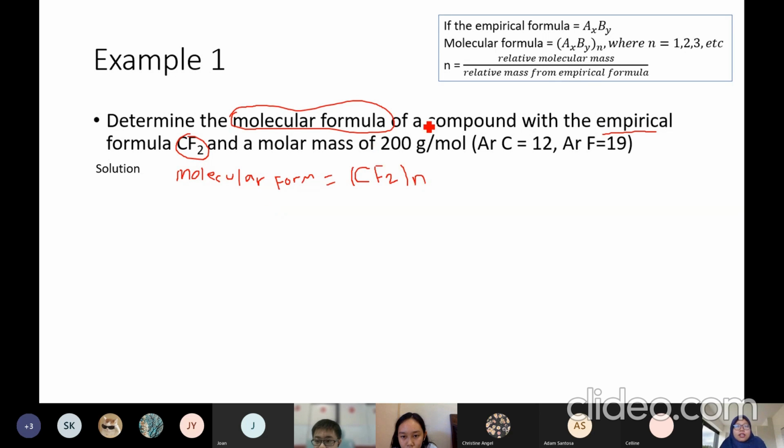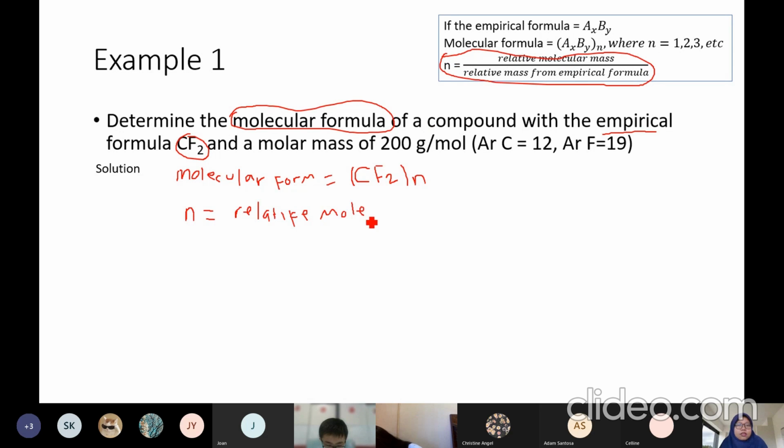We can use this equation: n equals relative molecular mass over relative mass from the empirical formula.